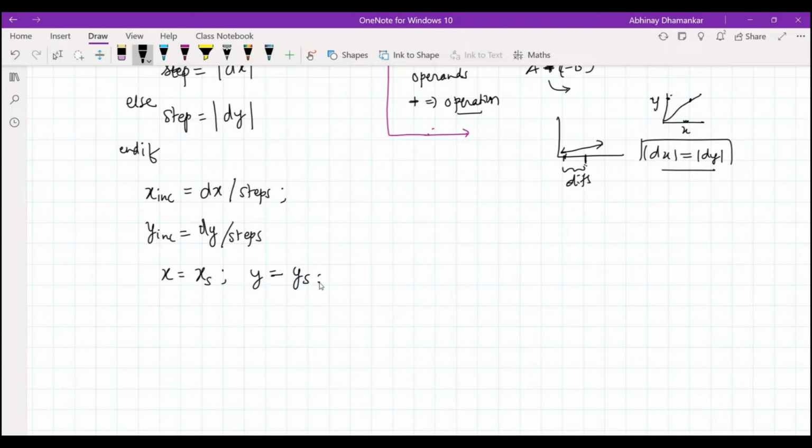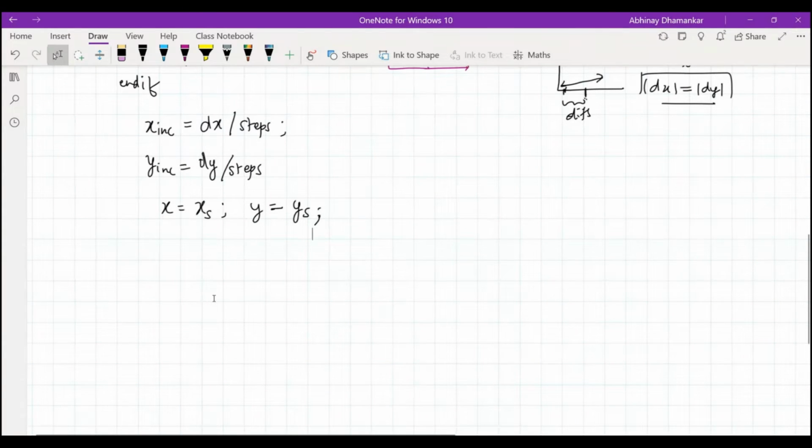Okay, y start. So I will put a statement terminator here. These are the two statement terminators, as you know. I can write like this also, with the help of C coding style. It will do no harm to me as pseudocode. So just want to tell you that these are two different statements. Okay, so let's initialize our x and y to the start point.